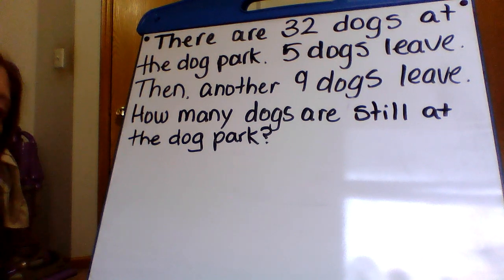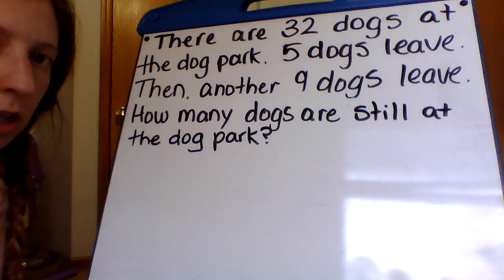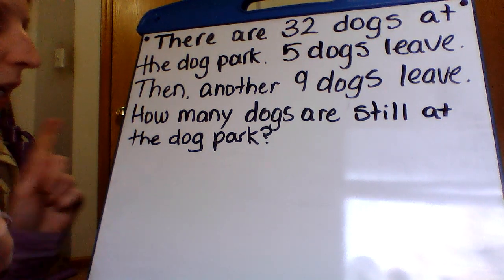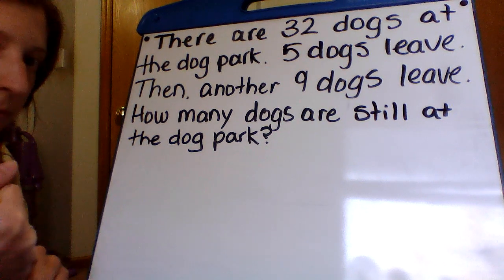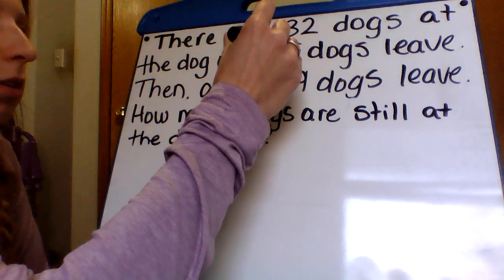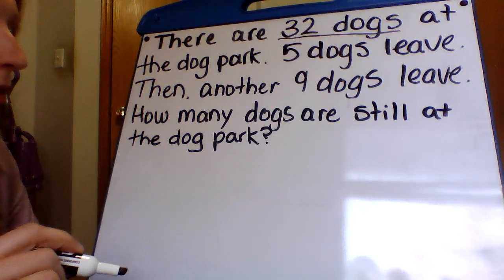What we want to remember to do is go in our problem and underline those words that are important. So we know that there are numbers, 32 dogs, that's going to be important.